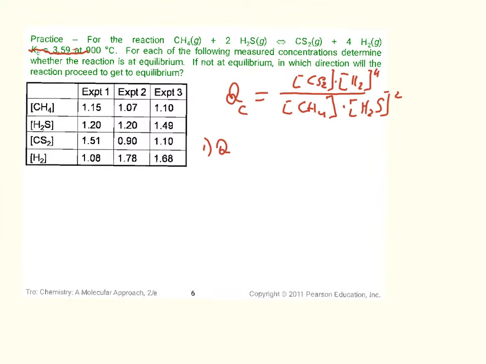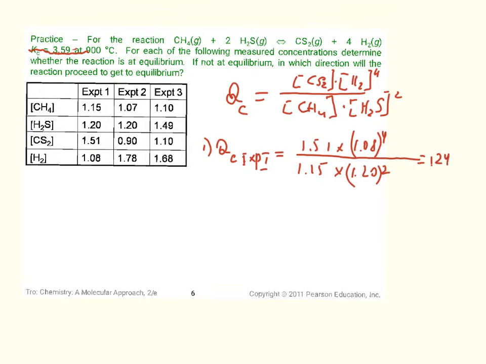Quotient, experiment 1. Carefully watching the numbers, let us plug them into the expression, times 1.08 to the power 4, divided by 115 times 120 squared, and the first result is 1.24.